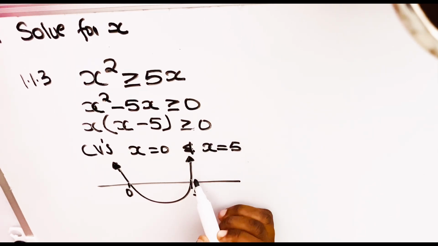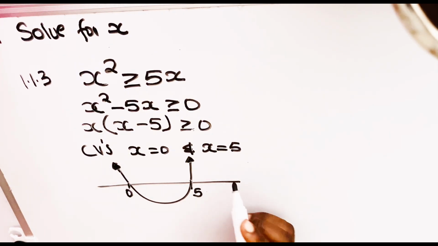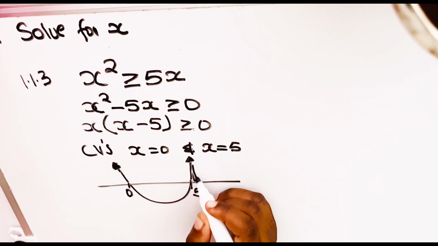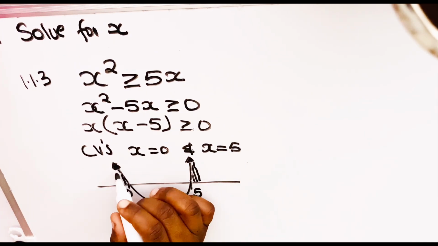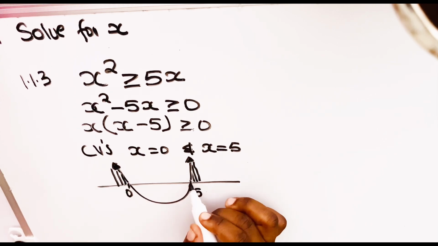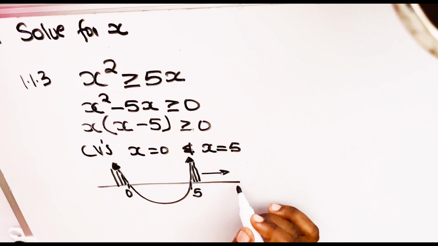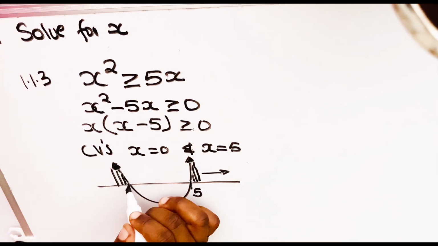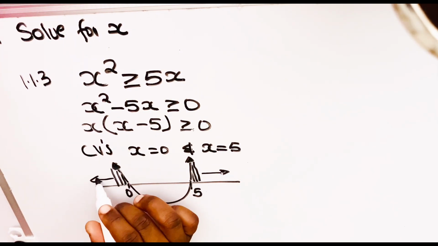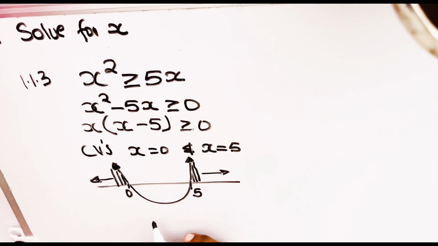It means we want the values of x above the x-axis, or the positive. So from 5 to the positive infinity, the x values are above the x-axis. From 0 to negative infinity, the values of x are above the x-axis.